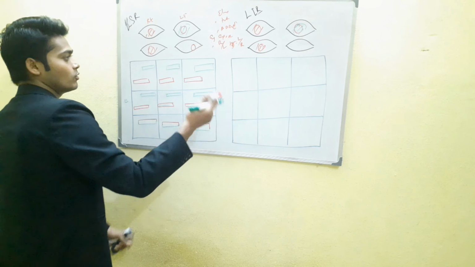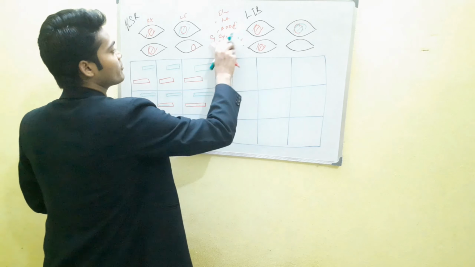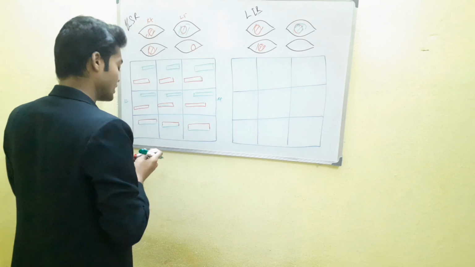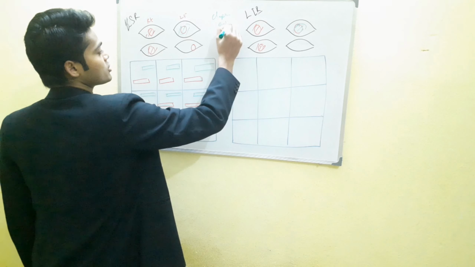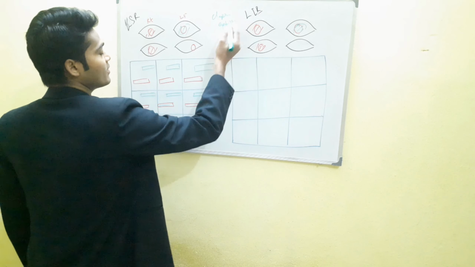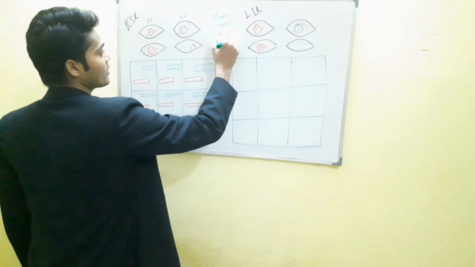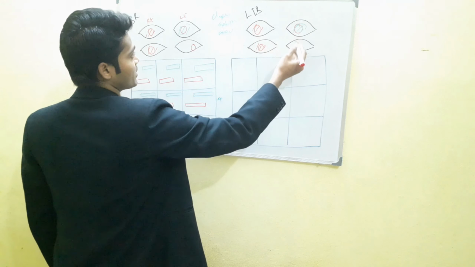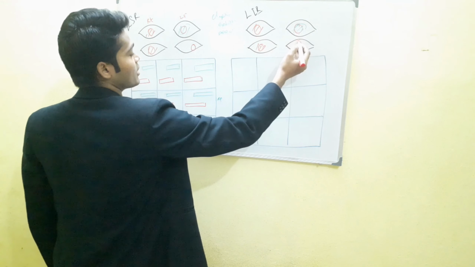Okay, now what about the inferior rectus muscle? Just remind yourself of the function of the inferior rectus muscle: depression, right, extorsion and adduction. They don't perform these functions because they are paralyzed. So instead of being depressed, the eye is going upward, right, with intorsion or adduction, meaning the eye is presenting here, right?